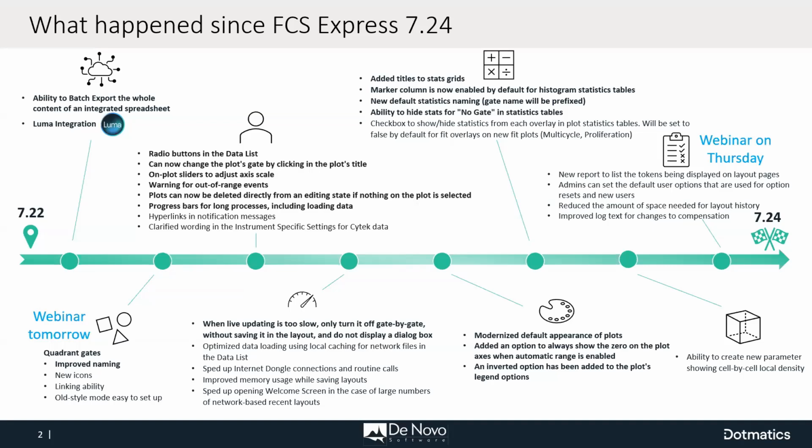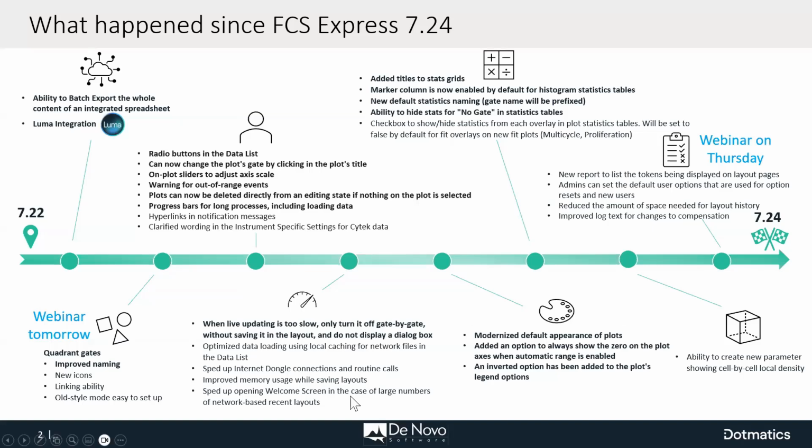We have the ability to shape the behavior of quadrants to mimic the new behavior or the old behavior, depending on what you really want. We know that most of the people want the new behavior, so quadrants being gates, and we developed that because of the tons of requests that we received. But in case there is anyone who wants to stick with the old behavior, maybe for old templates, then there is a way to do that.